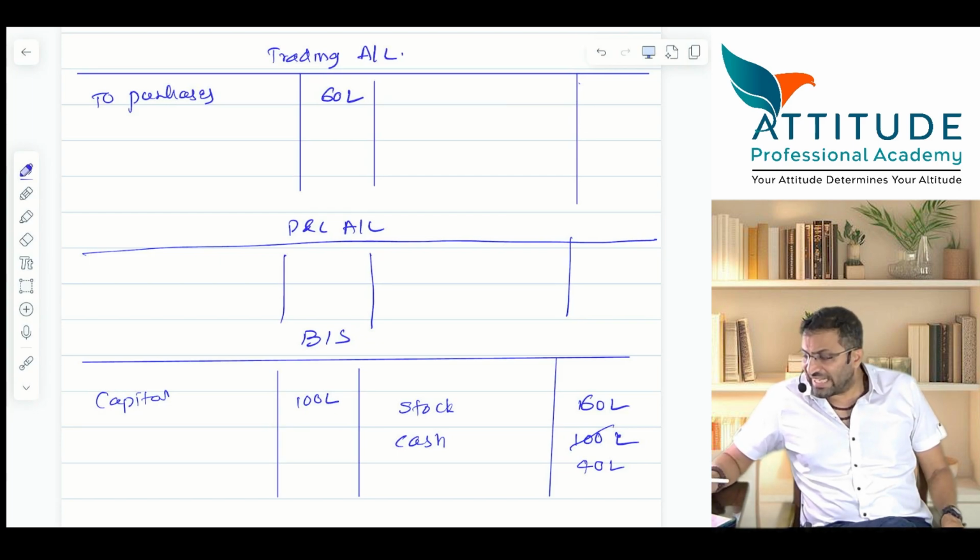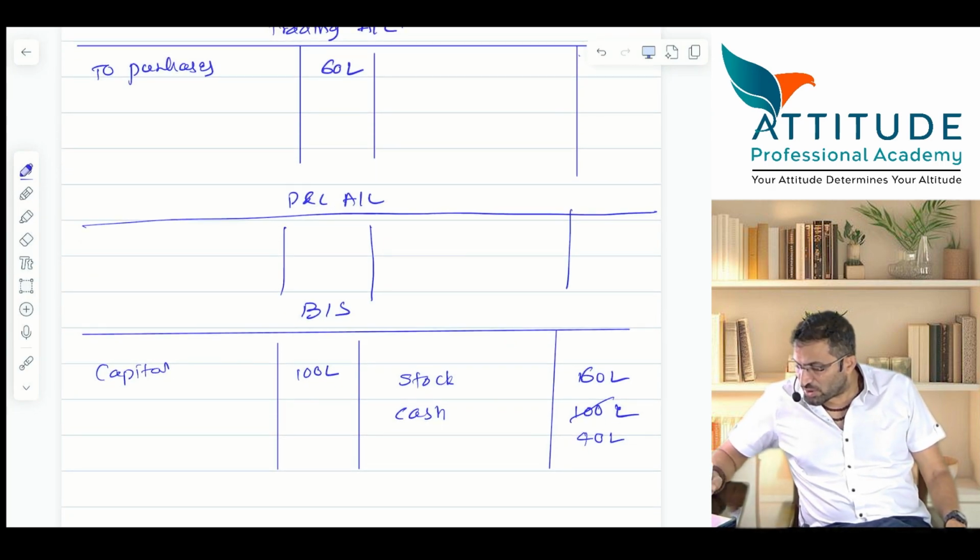Now this entire 60 lakhs worth stock is sold for 100 lakhs. I repeat, ये जो 60 lakh का stock है, it is sold for cash. So cash increases by 100. Arey 60 worth is sold for 100, no? Correct?